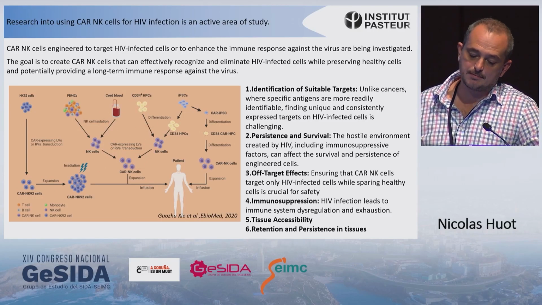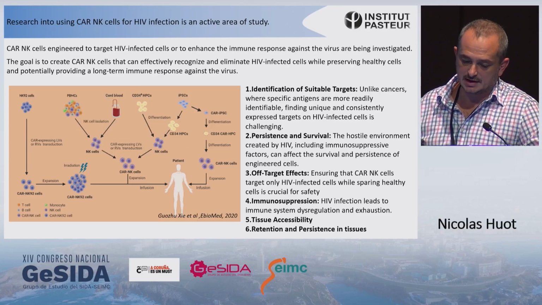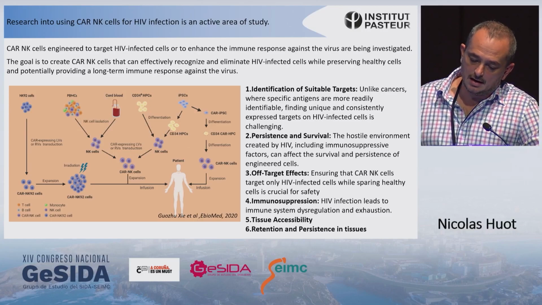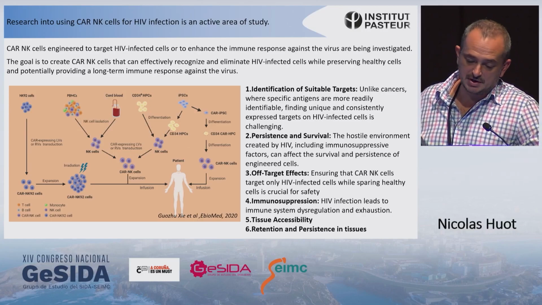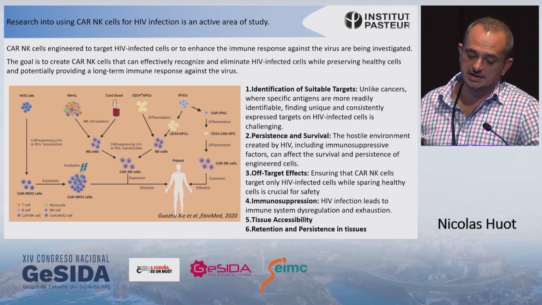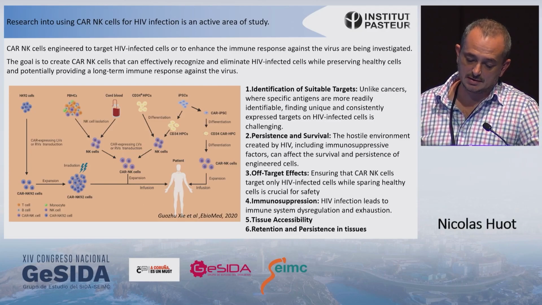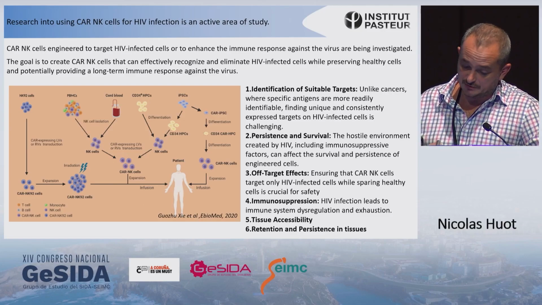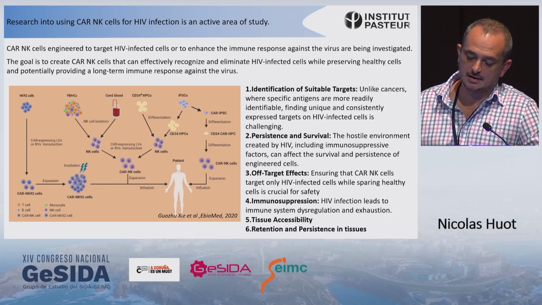In any case, there are many caveats regarding CAR NK cells. The main problem is we need to identify suitable targets. We also need to be sure that the CAR NK cells will persist and survive in the host. We need to avoid any off-target effects.